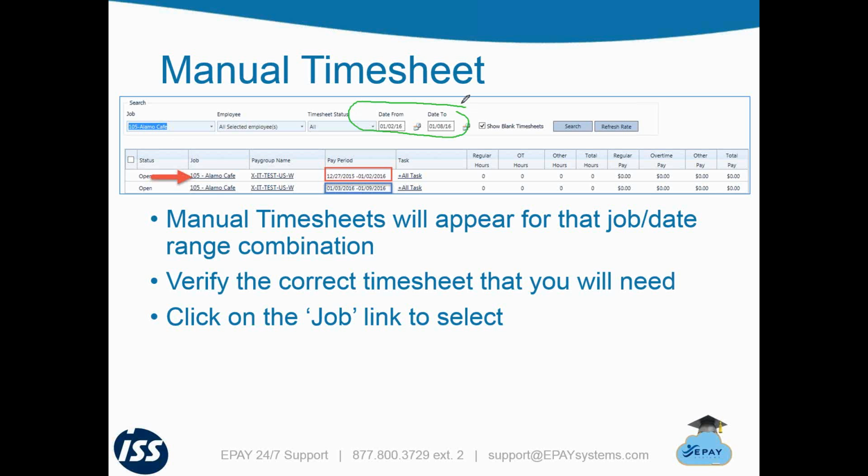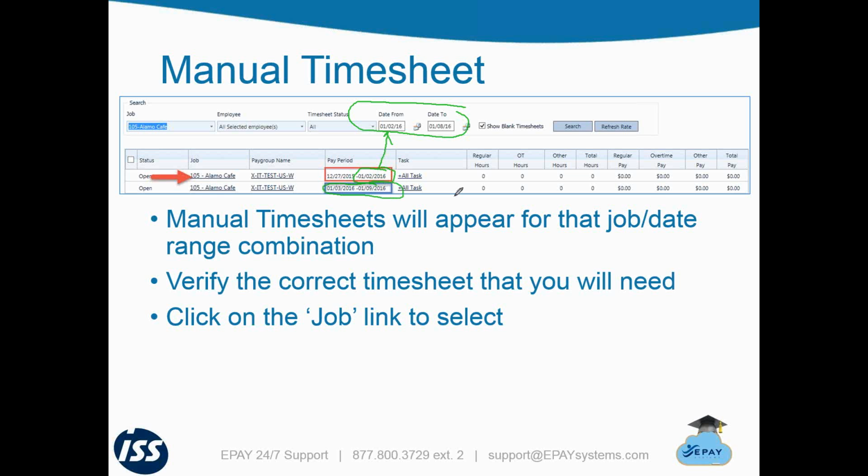If I tell the system I want to see all the available blank timesheets between the 2nd and the 8th of January, the system's going to show me anything that hits this particular range. So although the first one ends on the 2nd, it is within that range. So you will see you have a bigger area to cover because of that.